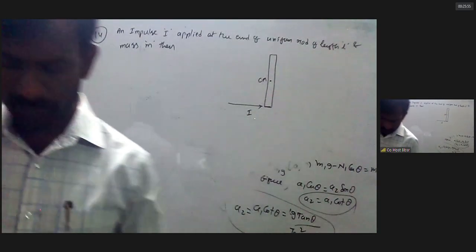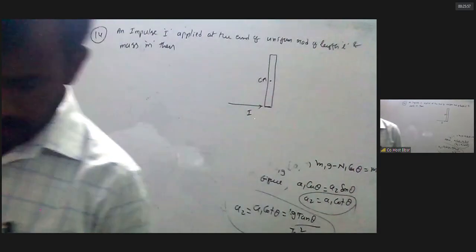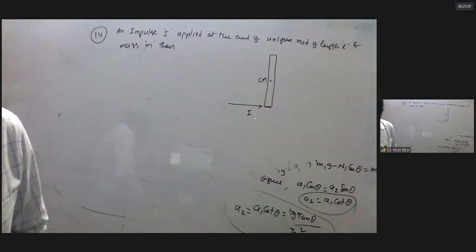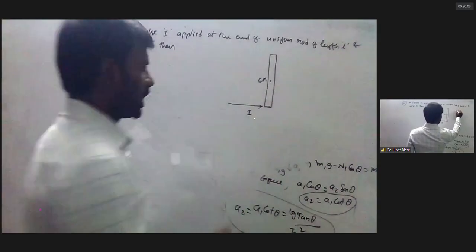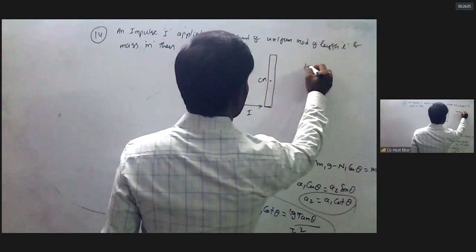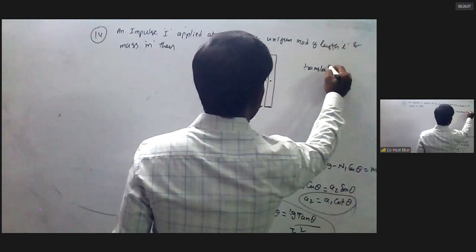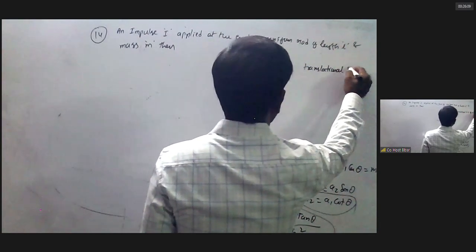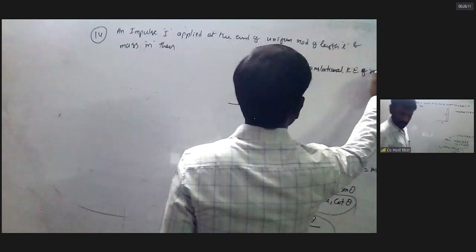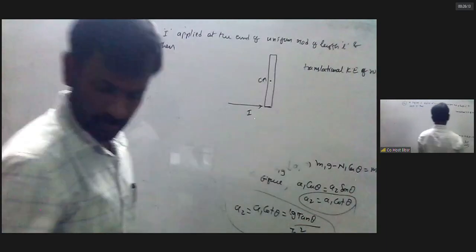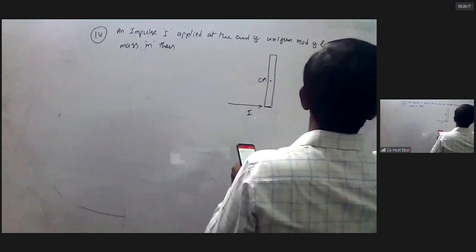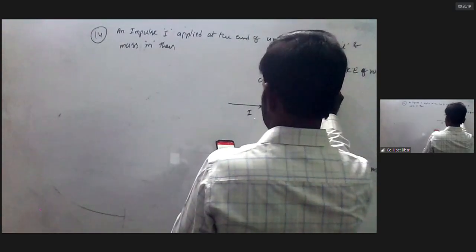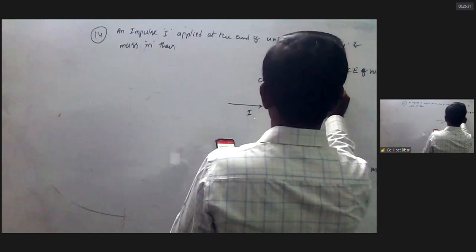They ask you to find the kinetic energy of translation of the rod. Translational kinetic energy of rod, I square by 2m.